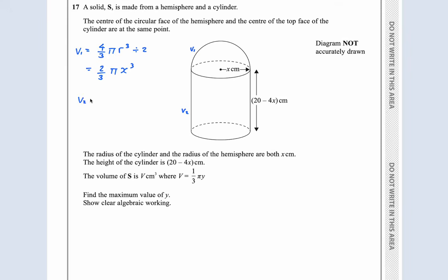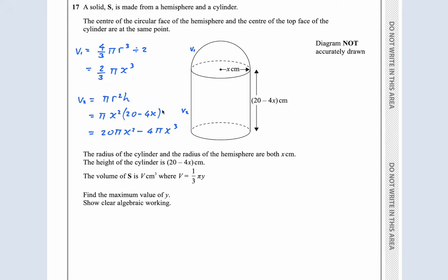V2, the volume of the cylinder, also in the formula sheet, it's pi r squared h. Now pi is pi, r is x, and h we have, it's 20 minus 4x. I'll multiply this out, and I get 20 pi x squared, this times 20, minus 4 pi x cubed.